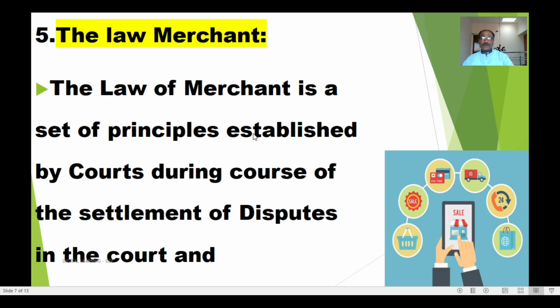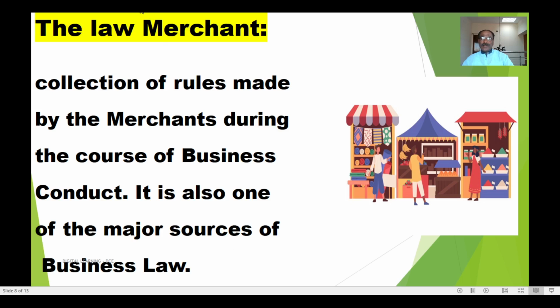That set of principles is called the law merchant, which is established by courts during the course of the settlement of disputes in the court, and the collection of rules made by the merchants during the course of business conduct.